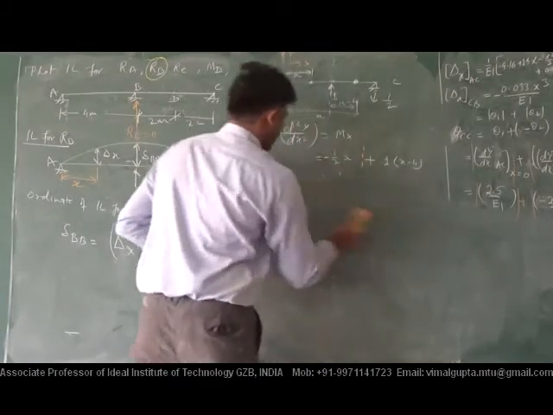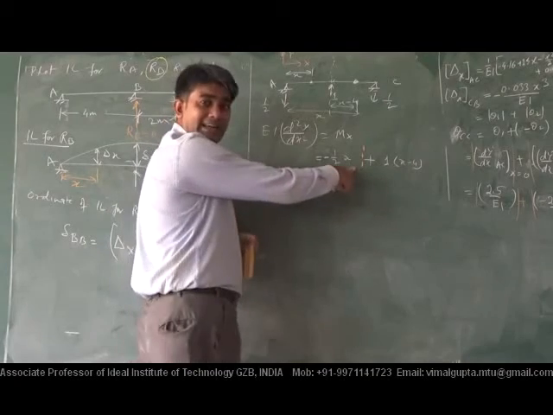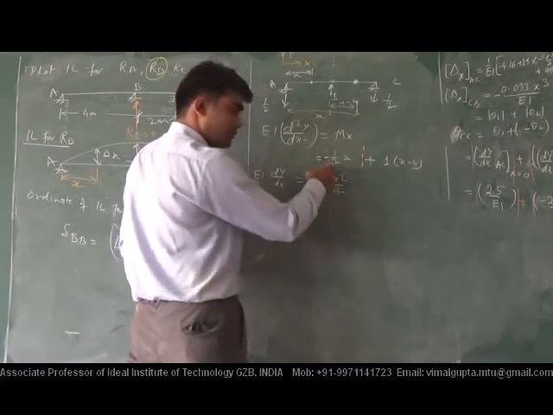This is correct now. Now this is x square by 4.